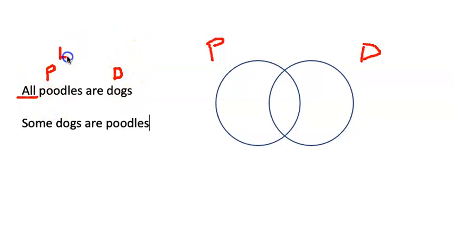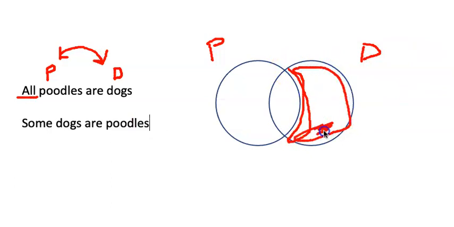Because it would be really weird to get rid of all the things in the world that are dogs and say the only dogs in the world are poodles. That would be wrong, right?